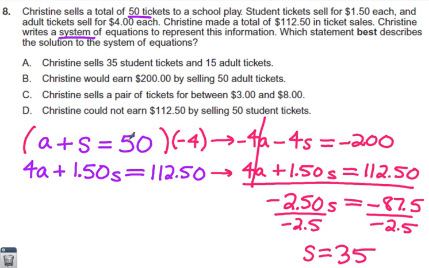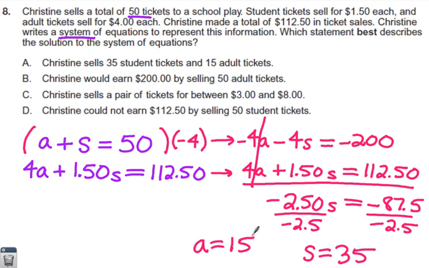And when you look at plugging it back into this equation, or just remembering that you get 50 tickets total, that means there was 35 students and 15 adults.